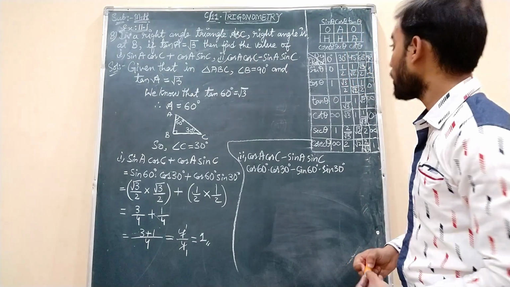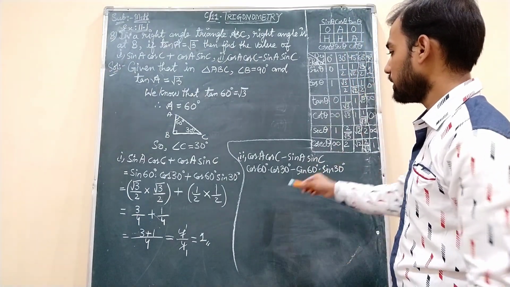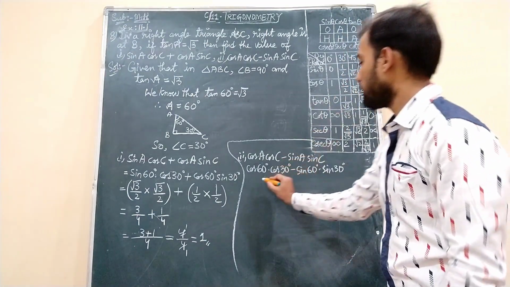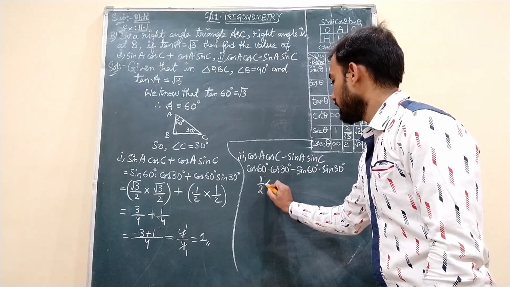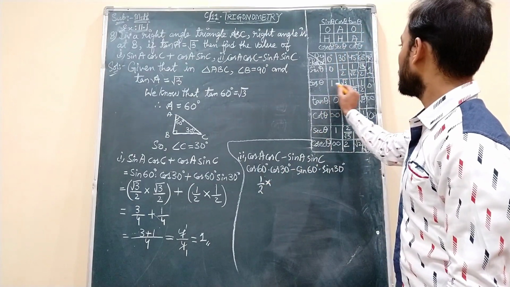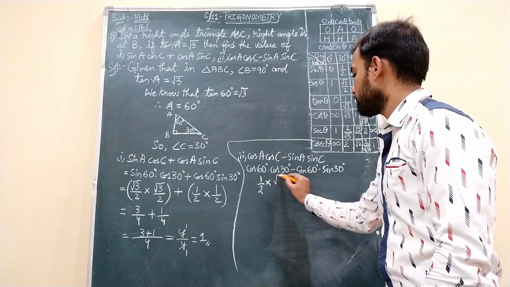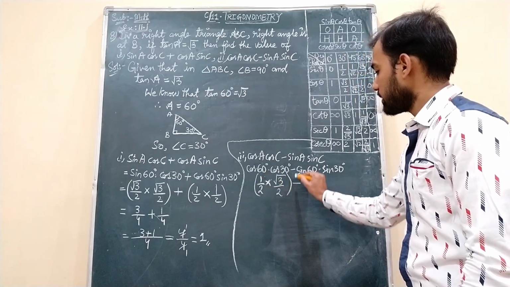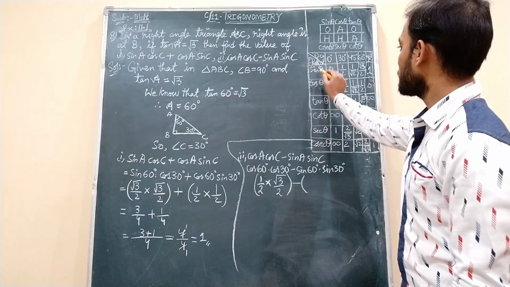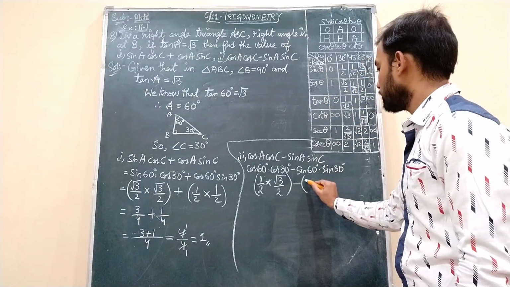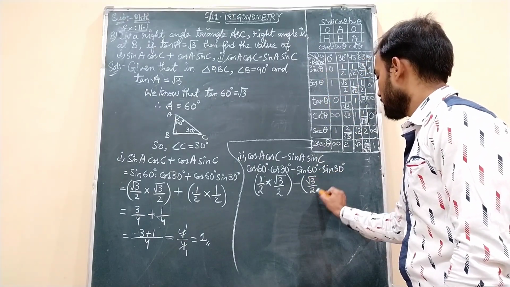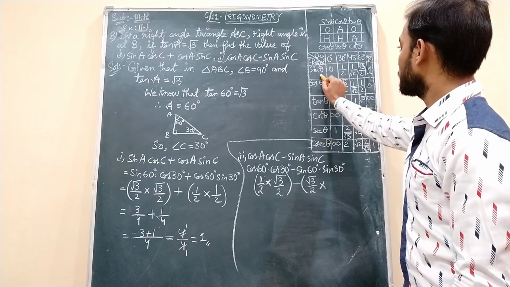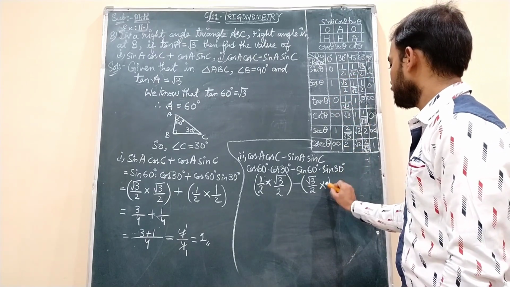Now these values we will copy from this table. Cos 60 is 1 by 2 into cos 30 is root 3 by 2. Okay students, minus, then sin 60 is root 3 by 2 into sin 30 is 1 by 2.